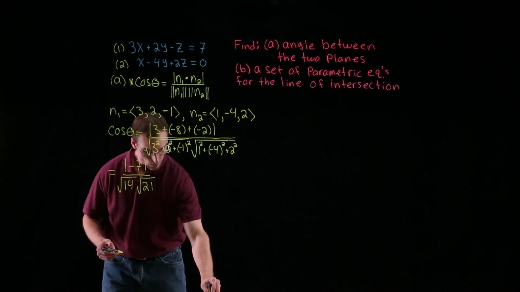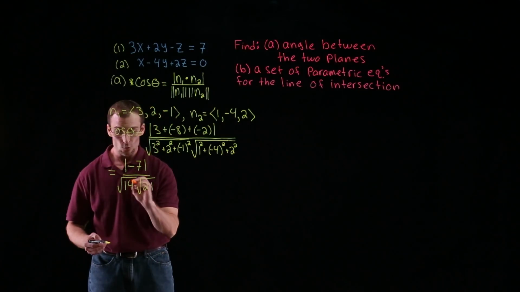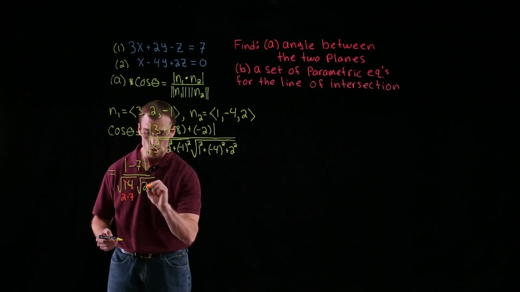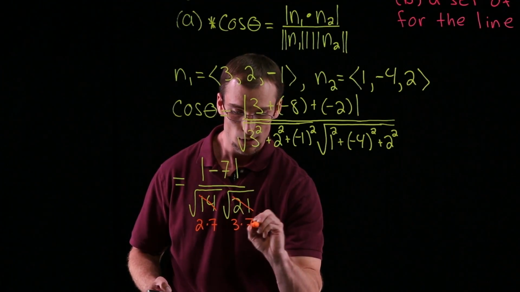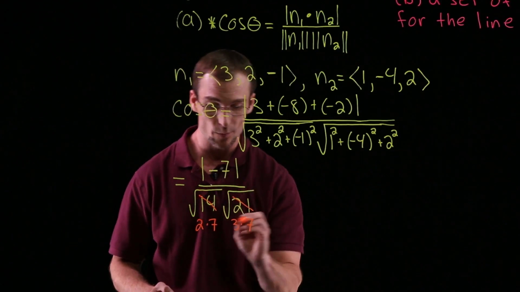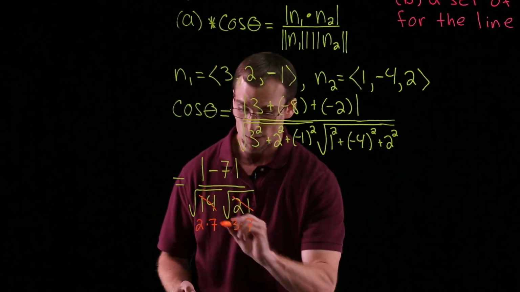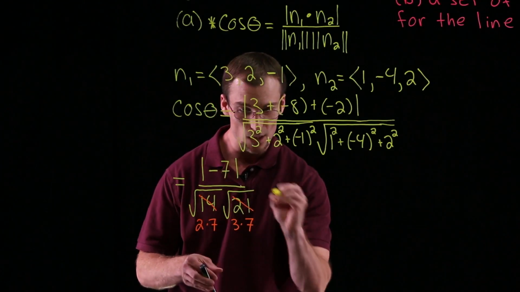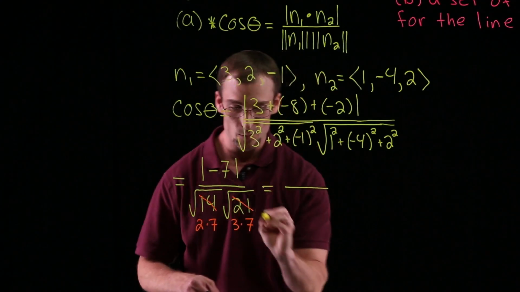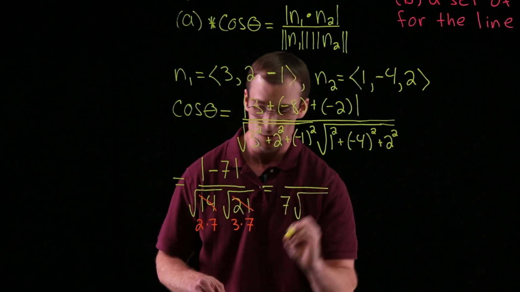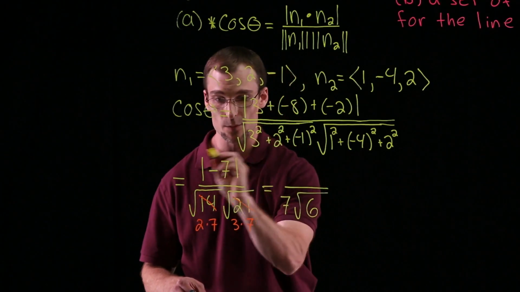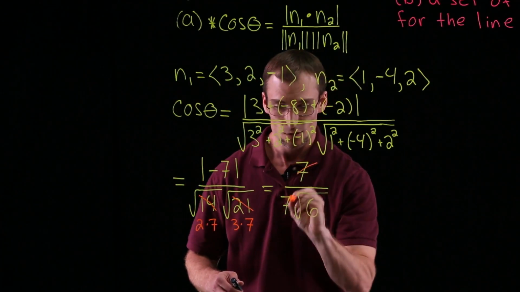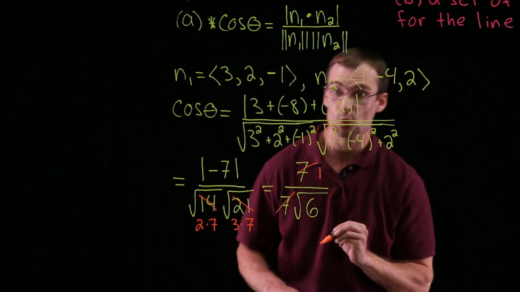Cleaning up the bottom a little bit, we notice that 14 is 2 times 7, and 21 is 3 times 7. If we combine the square roots, 7 times 7 under the square root would just be 7, so we can bring this out. On the bottom, we'll have 7 times the square root of 2 times 3, or 6. And on the top, the absolute value of -7 is 7. So our 7's will cancel, and we'll have 1 over the square root of 6.